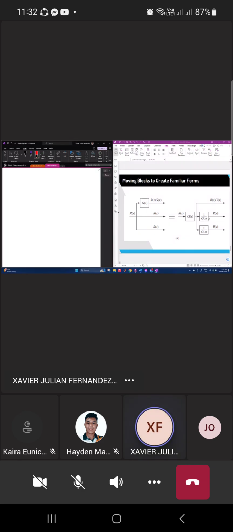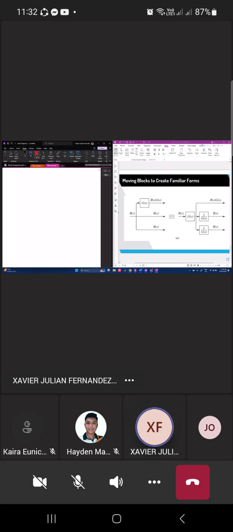So it remains r of s. The output is r of s again, which is the same here. Okay? And also the same thing here. So this diagram is the same as this diagram.